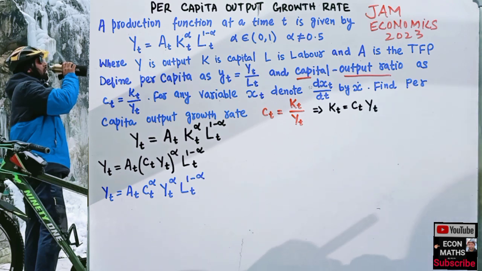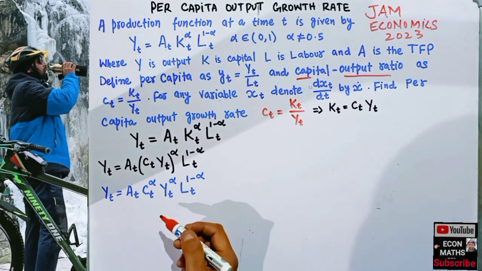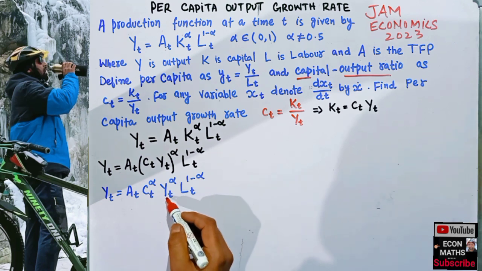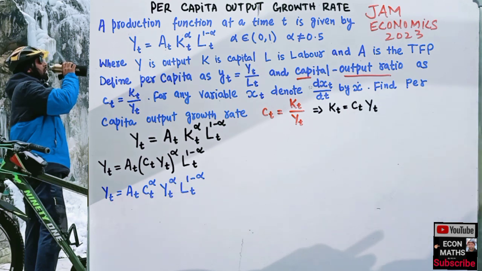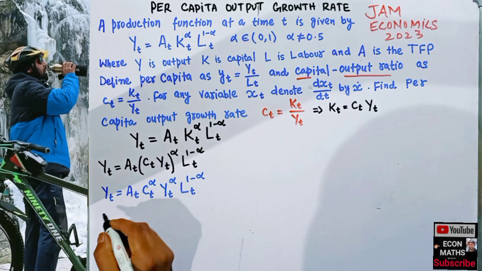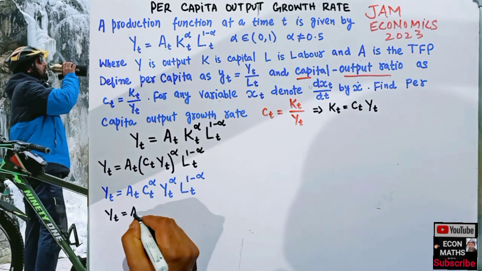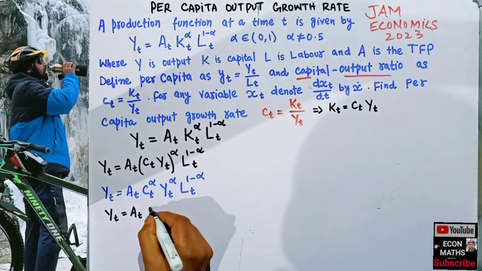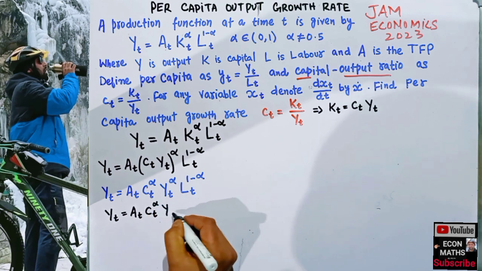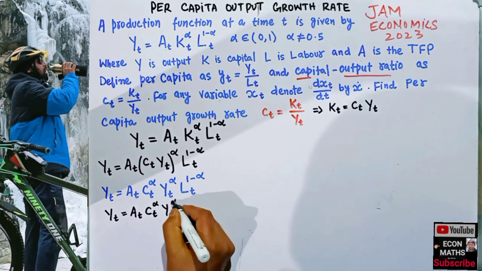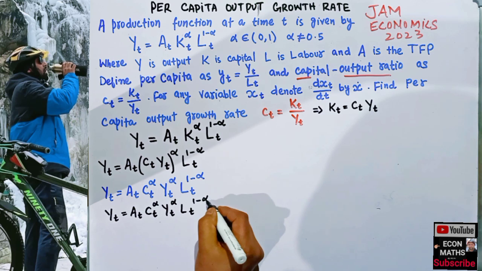After that, what will we do? We will divide both sides by Y raised to power alpha in this equation. Let's write it here to make things more clear. So we have Y_t = A_t C_t^alpha Y_t^alpha L_t^(1 minus alpha).